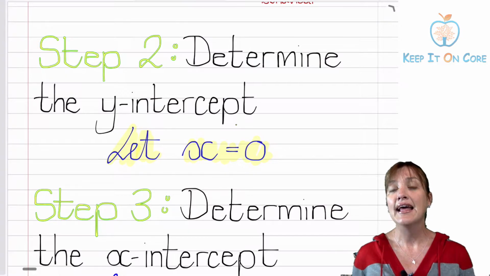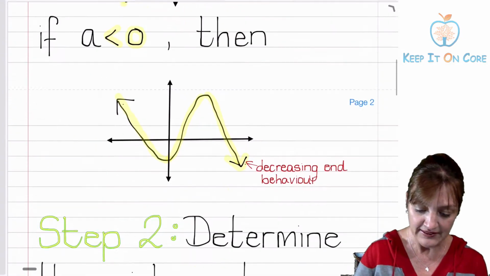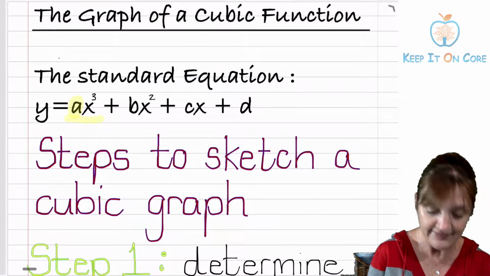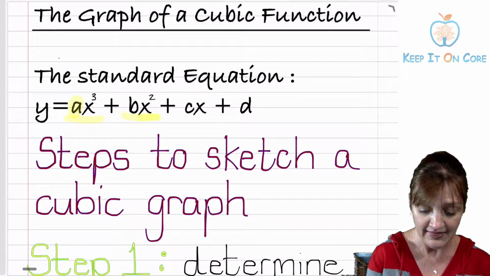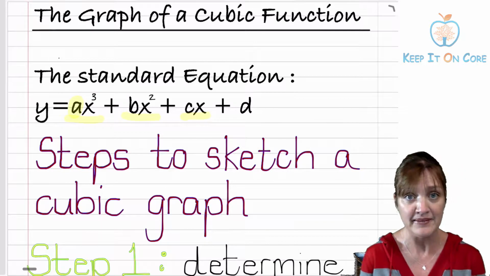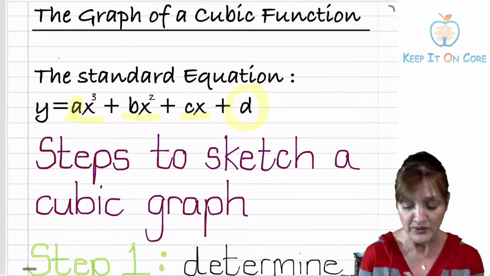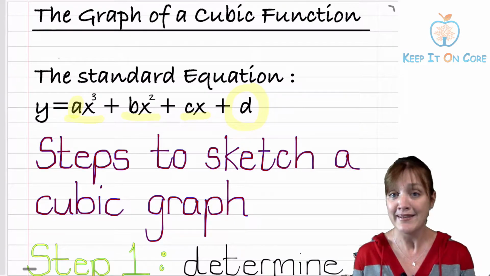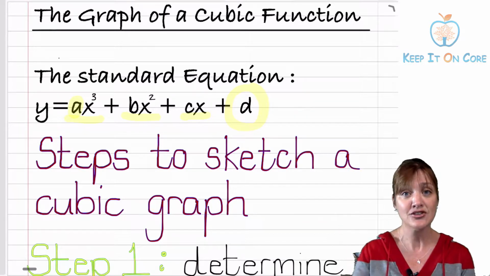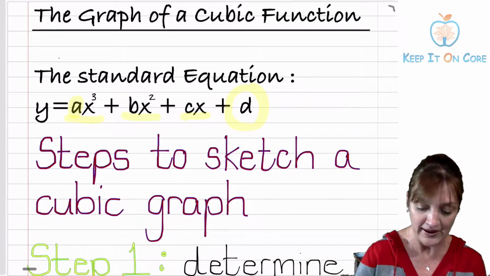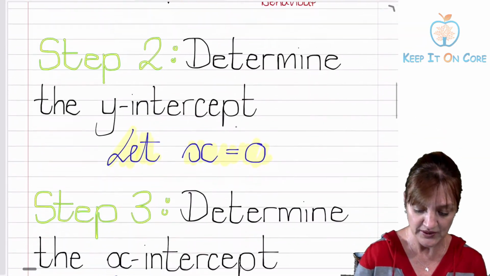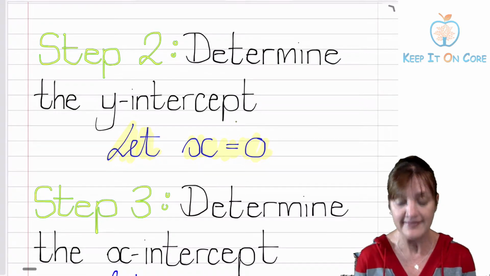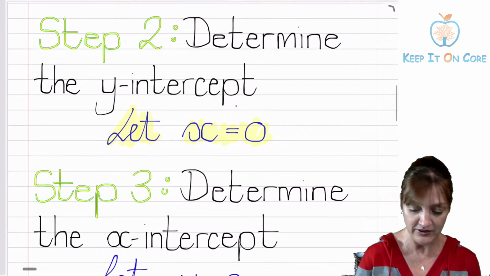If I let x equal 0 in the original equation, the x terms are going to cancel out and be 0, and what am I going to be left with? Well, d. So you can automatically assume that the constant term at the end is your y-intercept. It's a nice quick shortcut for you to remember. So step 2 is to identify the y-intercept by letting x equal 0.